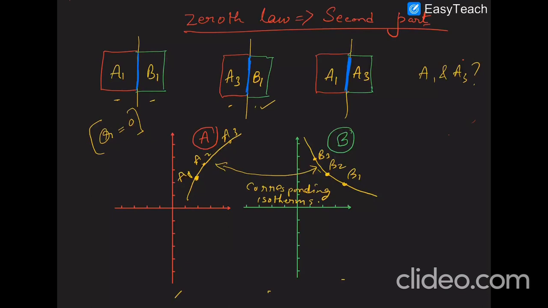But you can see that there simply needs to be something common between them, for which you can understand that when A1 is interacting with B1 via a diathermic wall, it is in an isothermal state. Similarly, A3 with B1 is in an isothermal state, and then we can say A1 and A3 are also a pair of isothermal states. So these two isotherms are the corresponding isotherms.